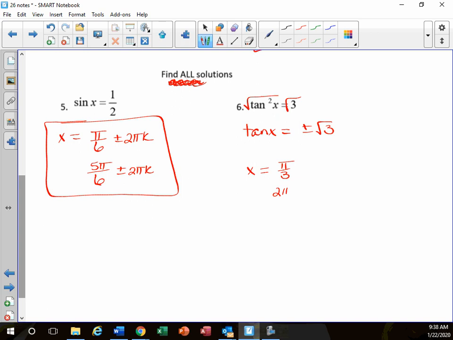Pi over 3, 2 pi over 3, 4 pi over 3, and 5 pi over 3. And then what do I have to do to each one of those? The 2 pi k thing, right? So plus or minus 2 pi k.